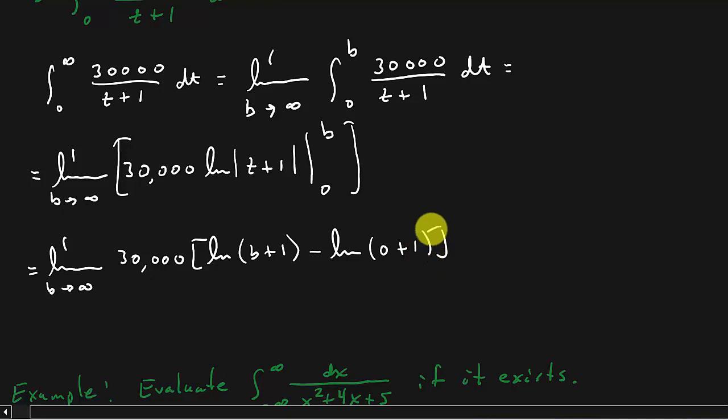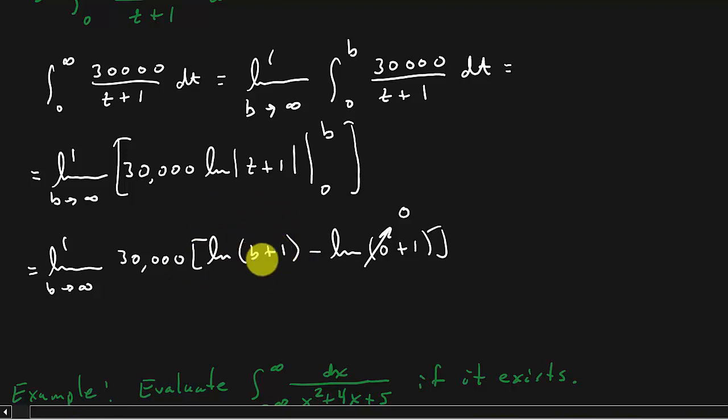All right, so let's look at this. The natural log of 1 is 0. And then let's look at this one. b is getting larger and larger, right? b is going to infinity. If we take the natural log of 100, 1,000, 10,000, 100,000, a million, a billion, a trillion, and keep going, the larger the number that we're taking the natural log of, the larger the natural log is getting.